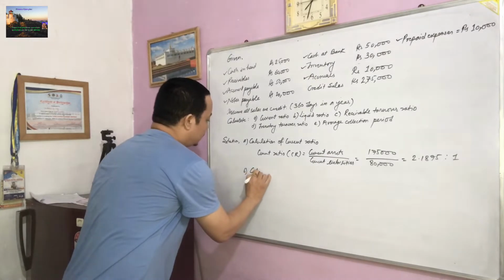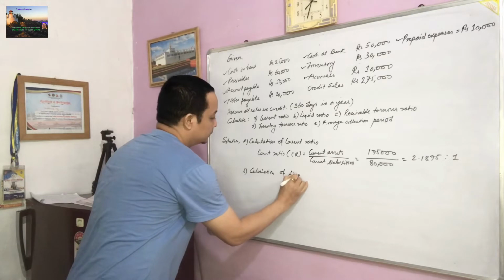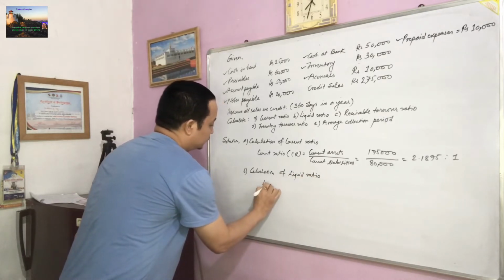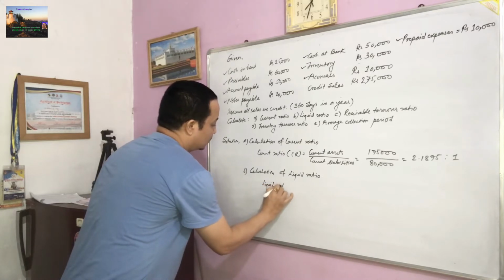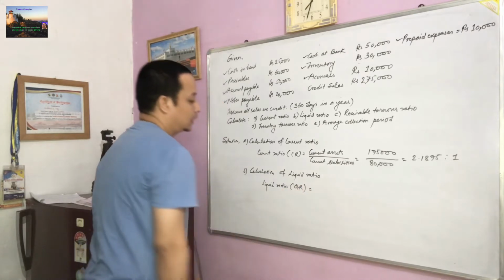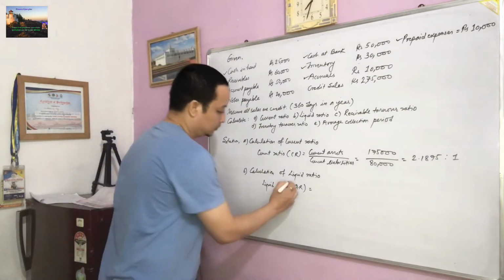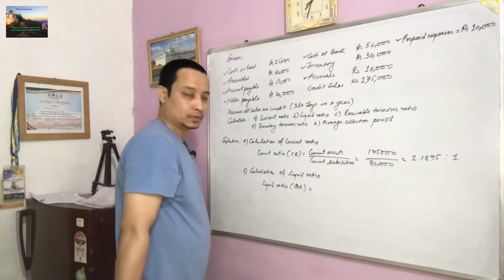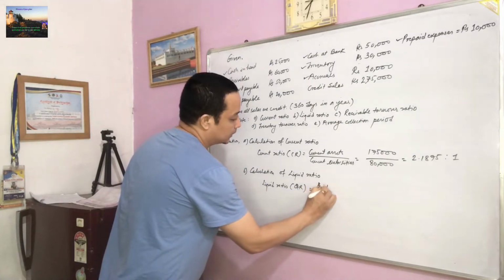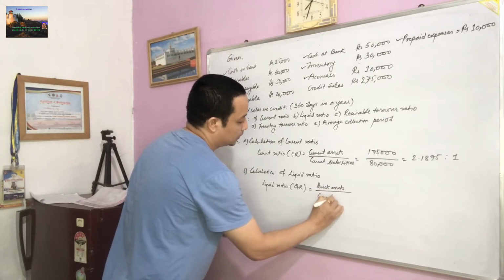So calculation of liquid ratio, QR. Before liquid ratio you can write LR also, but it is a quick ratio, so you can write QR also. So a quick ratio or liquid ratio equals quick assets upon current liabilities.